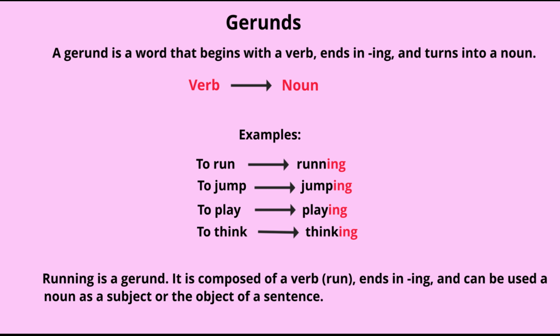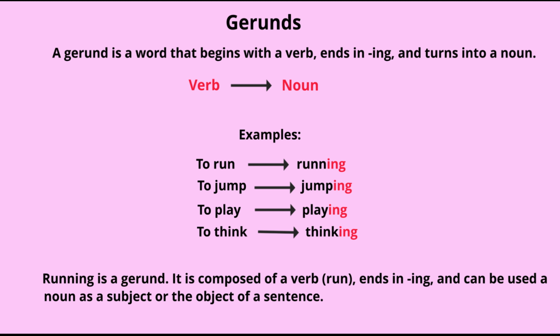A gerund is a word that begins with a verb, ends in ing, and turns into a noun. So a verb turning into a noun is nothing but a gerund. Examples: to run. Run is the verb here, so we add an ing for it to become a gerund. Running becomes a noun.